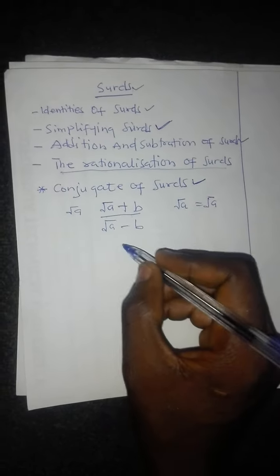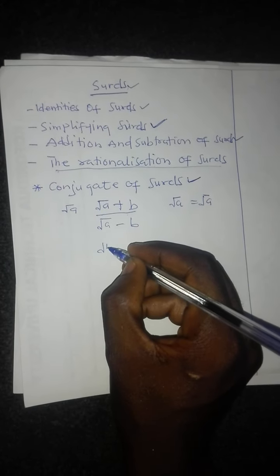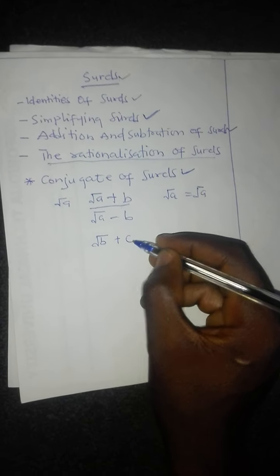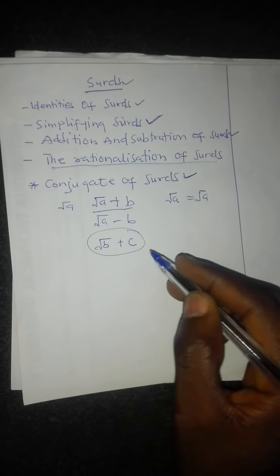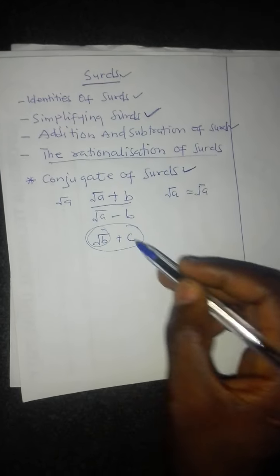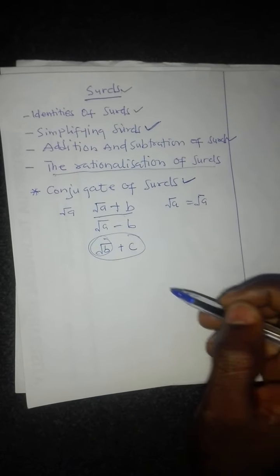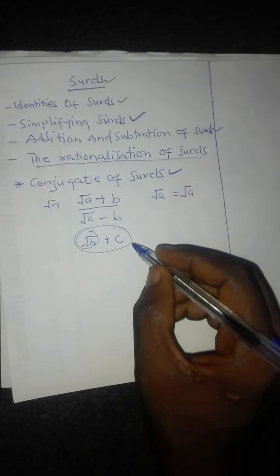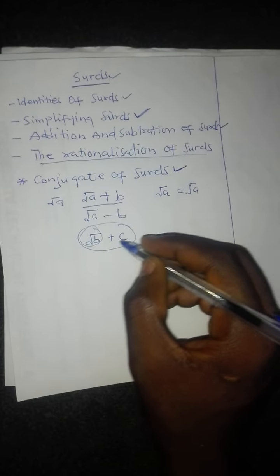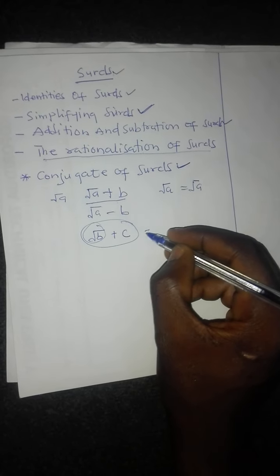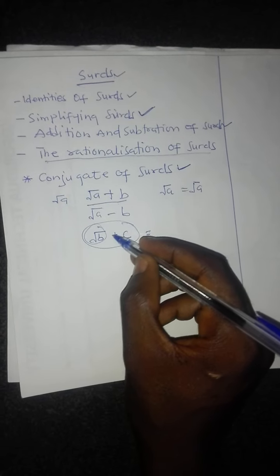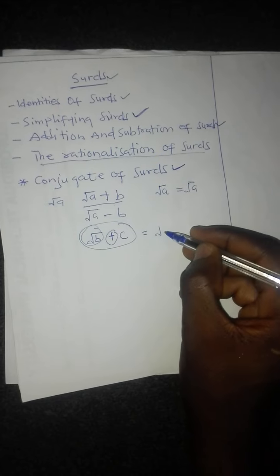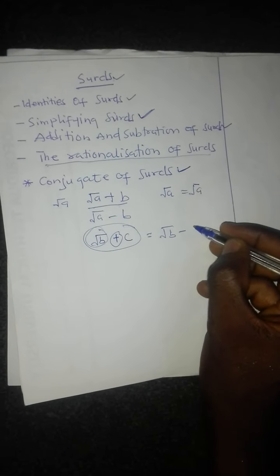For example, root of b plus c. This is an expression that contains a set, root of what? B. To find the conjugate of this set, all you need to do is change the arithmetic sign, which is the plus here, to minus, which is root of b minus c.